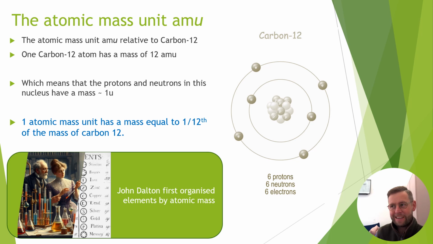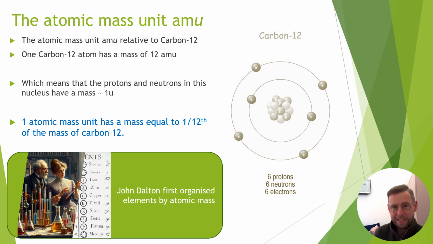And it seems slightly strange to constantly relate things back to, well, what proportion of the mass of carbon-12 does this have? Well, one proton has the mass of 1/12 of carbon-12. And so that means that if carbon-12 has an atomic mass of 12, then the proton is going to have a mass of approximately 1.